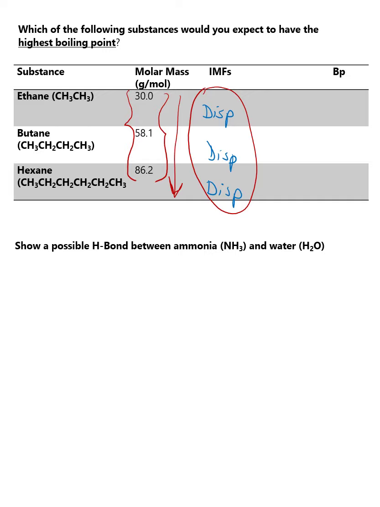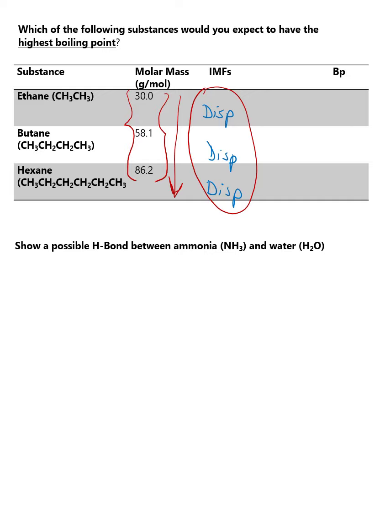Remember, your electrons are moving around all the time. The larger the compound means that you will have more space for your electrons to fluctuate around in your molecule. So you will have stronger intermolecular forces for this dispersion type, specifically dispersion.